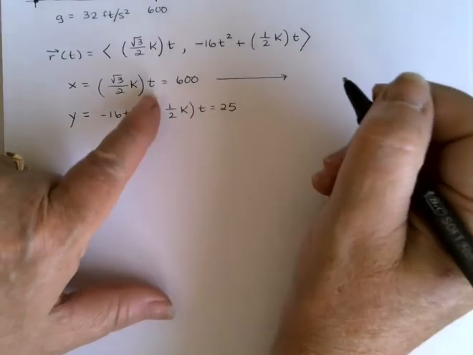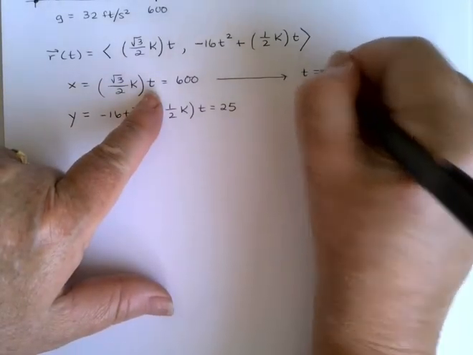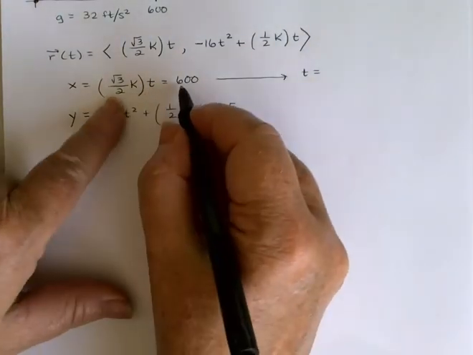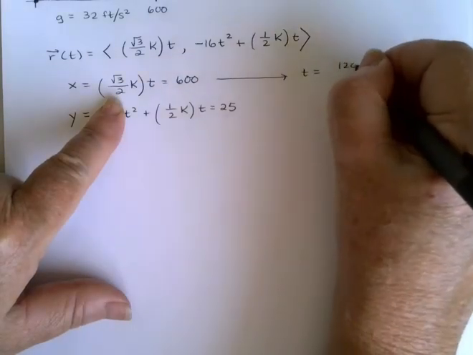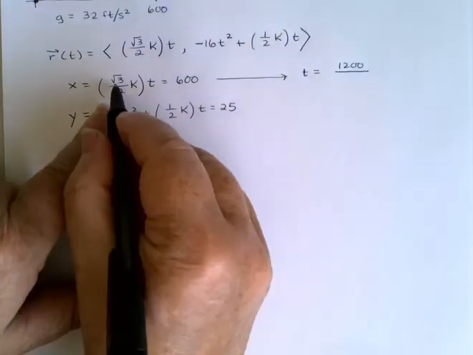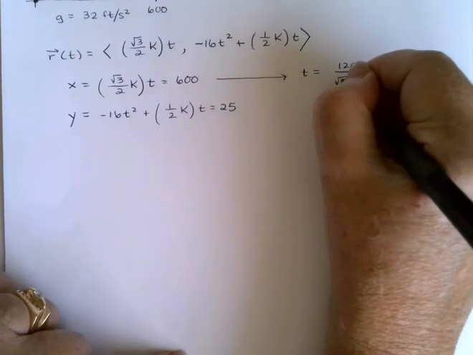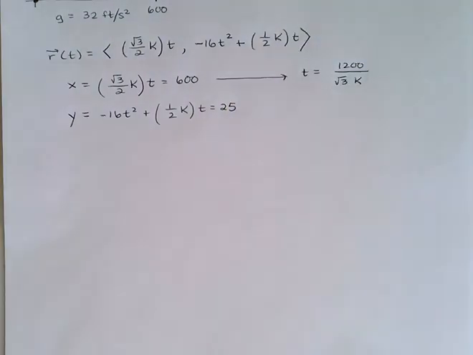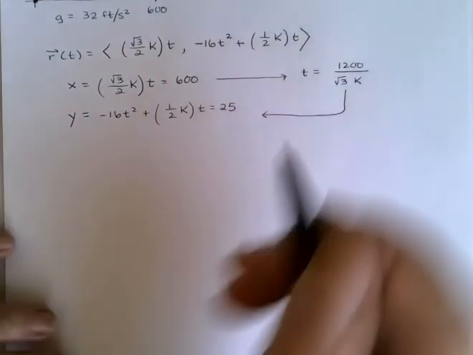I'll notice here that if I were to solve for t, it would be 600 times 2, or 1200, divided by square root 3k. So we'll plug that into the second equation.